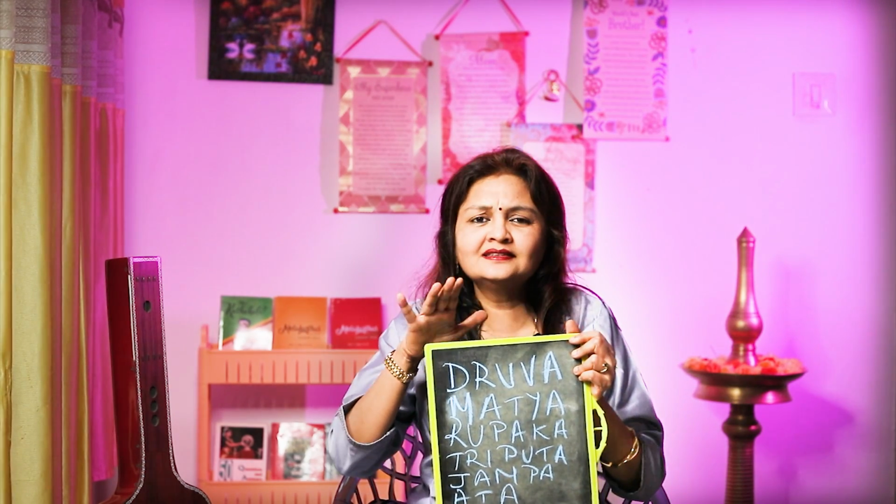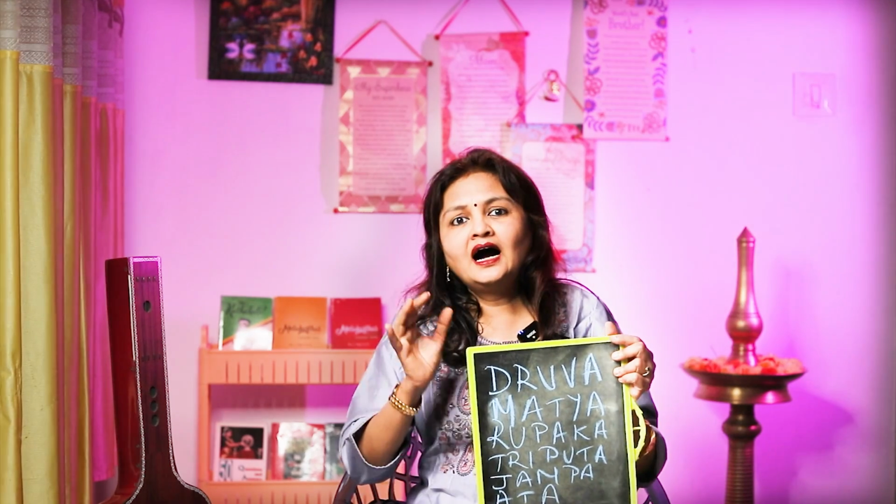They are separate entities. Here I am talking about 7 categories of thalas. Just look at this: Dhruva, Matya, Rupaka, Triputa, Jhampa, Ata, and Eka. These are the 7 major categories.